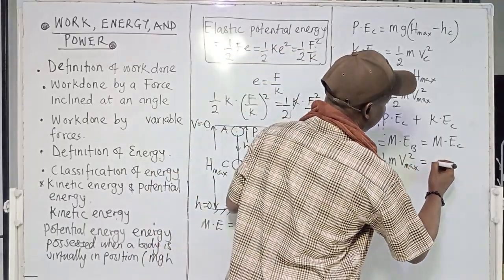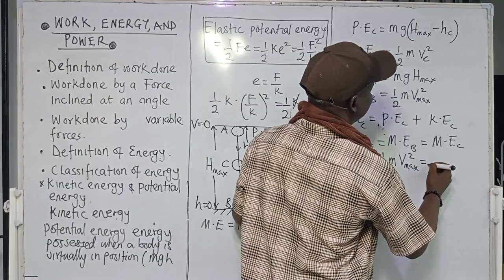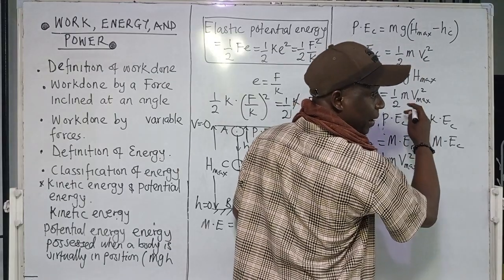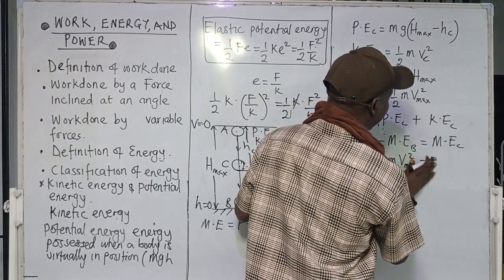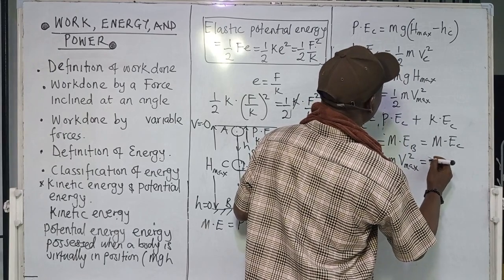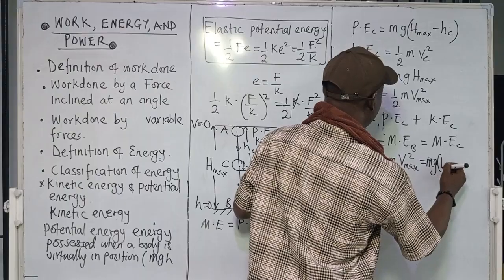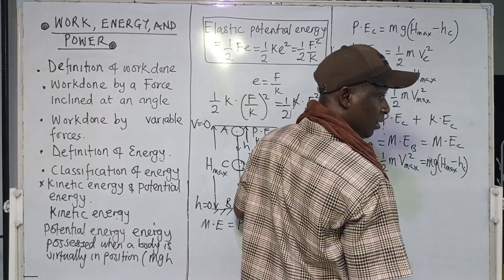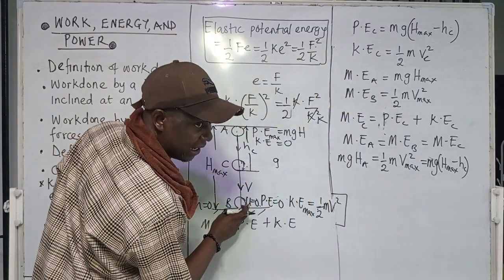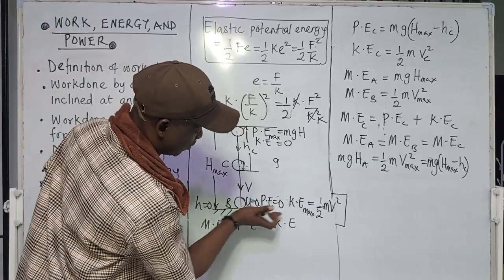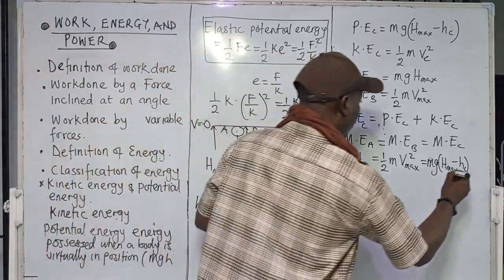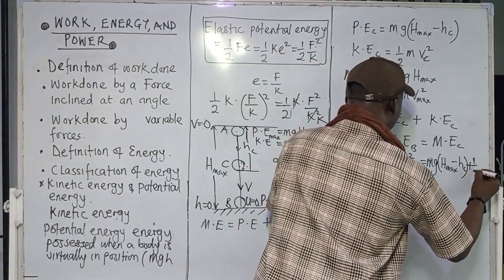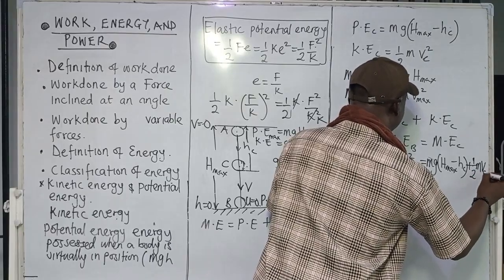So what is the mechanical energy at C? It is the combination of the two of them: potential energy at C, which is mg(h max minus hc), to get the height from here to here. The height is always measured from the ground. Plus half mv at c square.